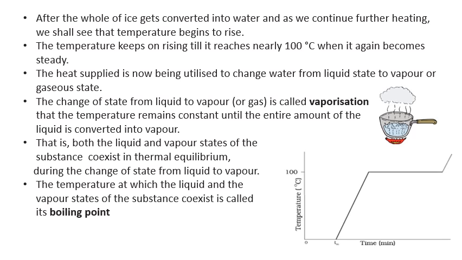The heat supplied is now being utilized to change water from liquid state to vapor or the gaseous state. This change of state is called vaporization. And the temperature remains constant until the entire amount of liquid is converted into vapors.